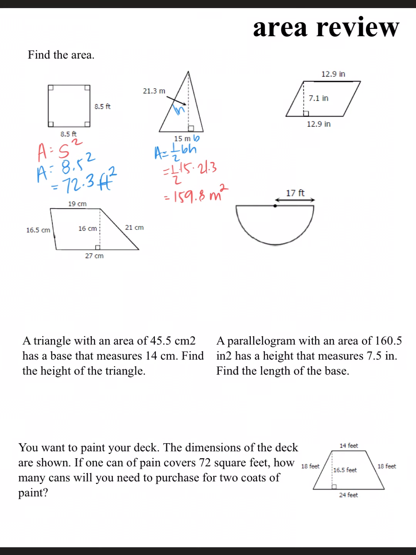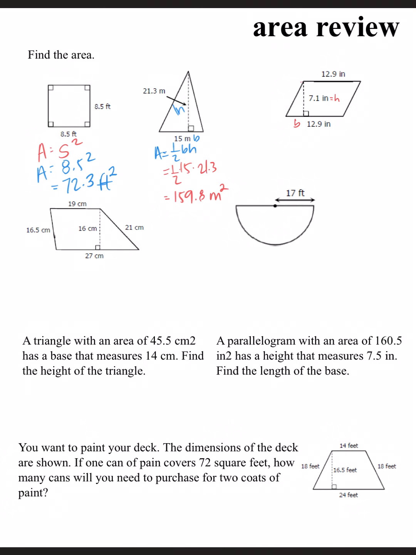This shape is our parallelogram, and we know that because this side at the top is the same as the side at the bottom. So our base is here, and our height is noted here.